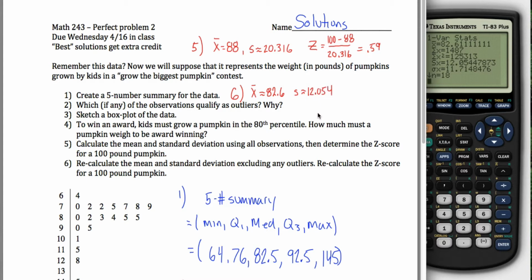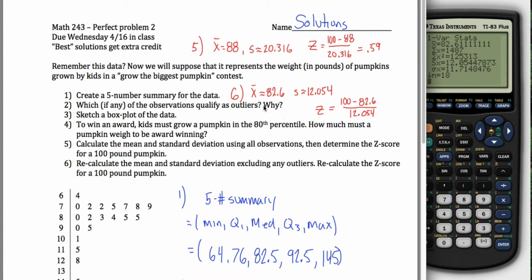So if I want to calculate my new z-score, instead of being 100 minus 88, it would be 100 minus 82.6. And instead of dividing by 20.316, I'm going to divide by 12.054.